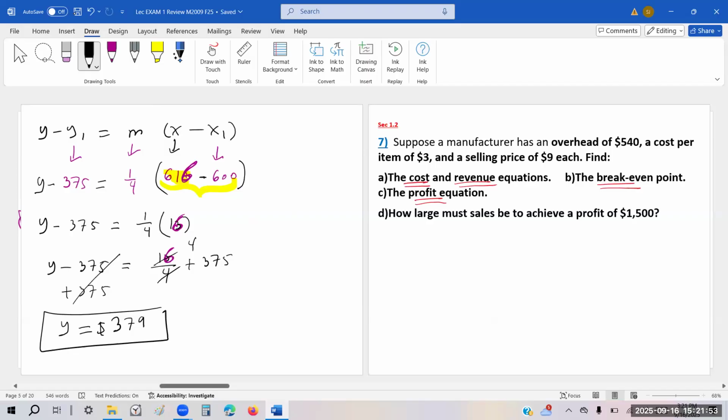Okay, now function, cost, revenue, break-even, profit, all of this. So we have overhead cost $540 and cost per item is $3. We are finding the cost function.